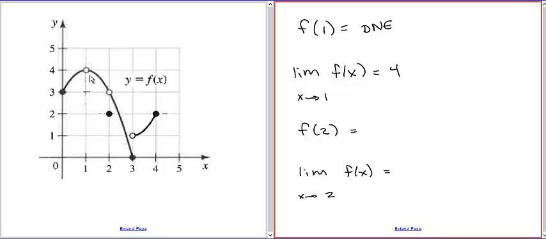So that's a case where the function does not exist there, but the limit does exist. At 2, the function does exist. It's equal to y equals 2, but the limit is actually, we're approaching y equals 3 from the left side and the right side, so the limit would be equal to 3.